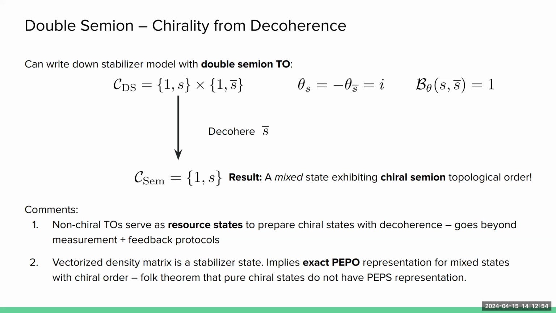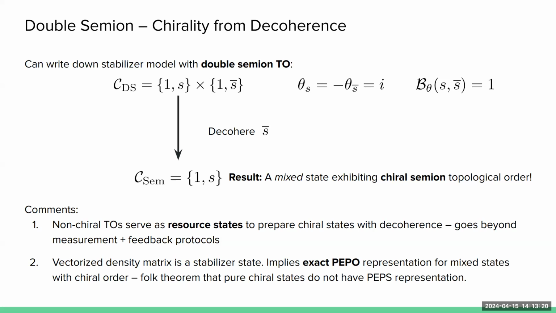So in this language, we're saying that rho E is stabilized by those stabilizer operators corresponding to that anyon theory. So in the sense that if you look at the Wilson loop algebra, say, it exhibits the same braiding relations as that corresponding topological order.